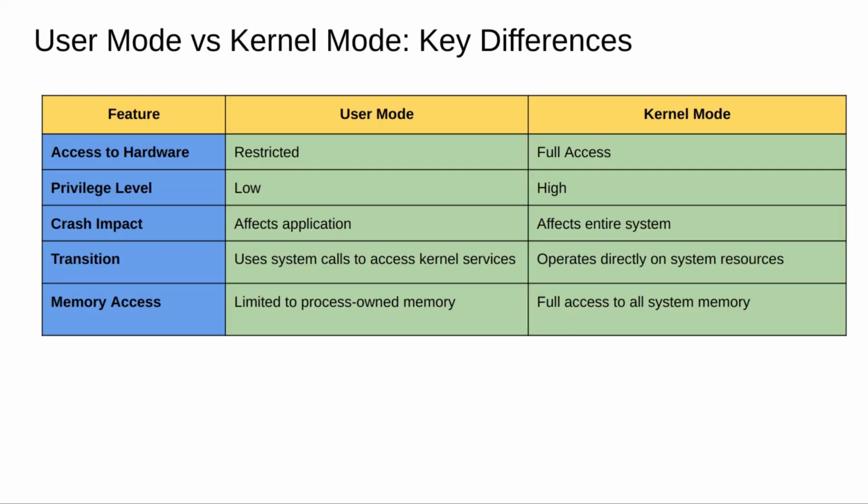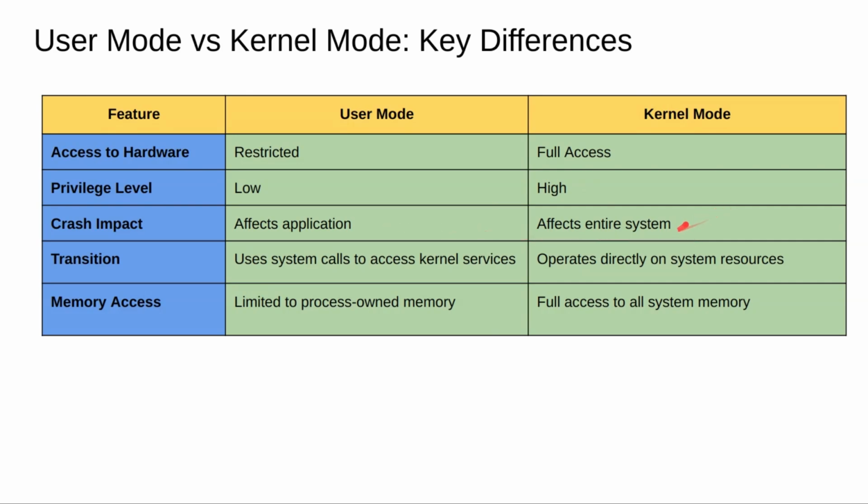To summarize, here are the key differences between user mode and kernel mode. User mode has restricted access to hardware, whereas kernel mode has full access to hardware. User mode runs at a low privilege level, while kernel mode runs at a high privilege level. In user mode, if one application crashes, it affects only that application.